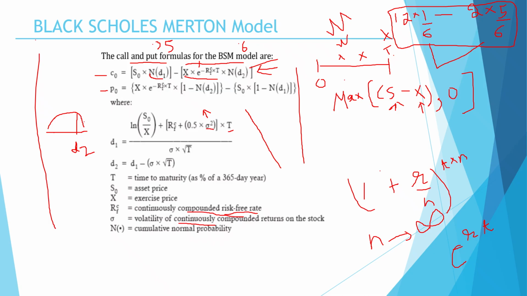So if my volatility increases, you will see that the value of the option will also increase. In the same way, D2 is equal to D1 minus volatility multiplied by root T. And using this D2, we will evaluate ND2.